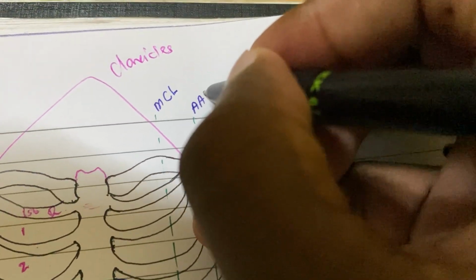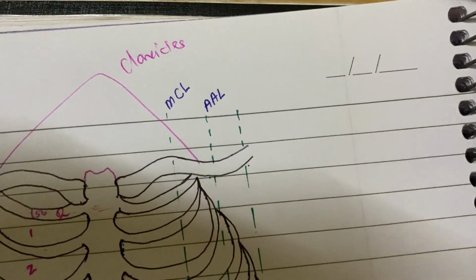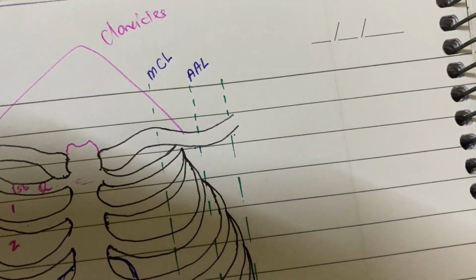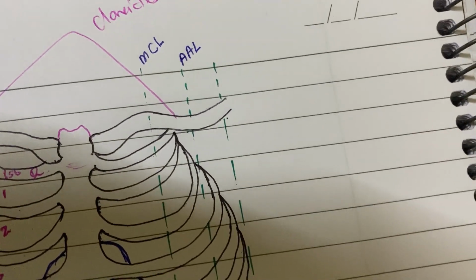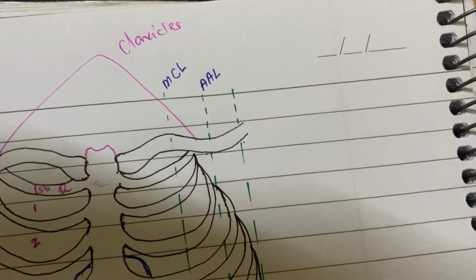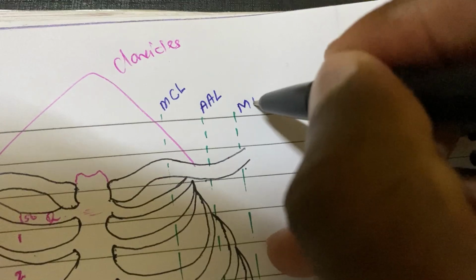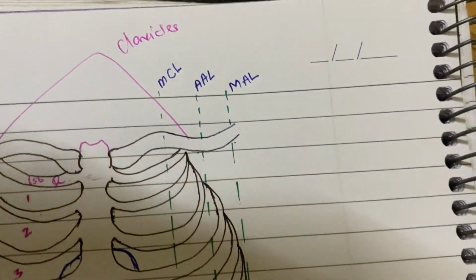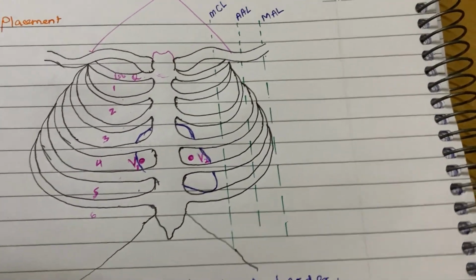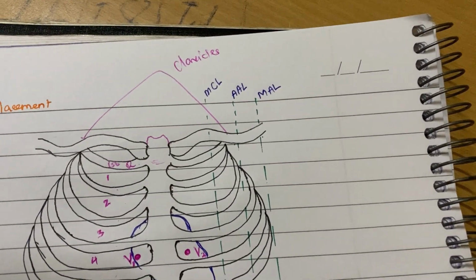So it's called the anterior axillary line. And then the other one cuts from the sides laterally, in the middle of the axilla. So it is called the mid axillary line.